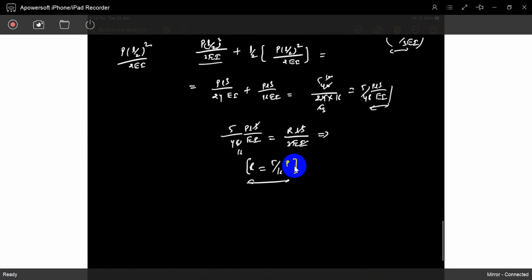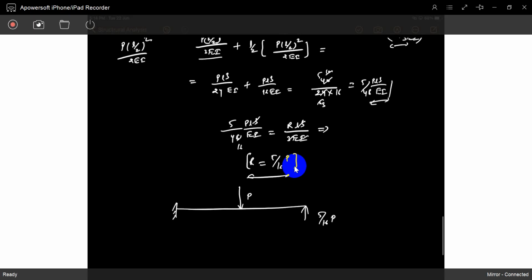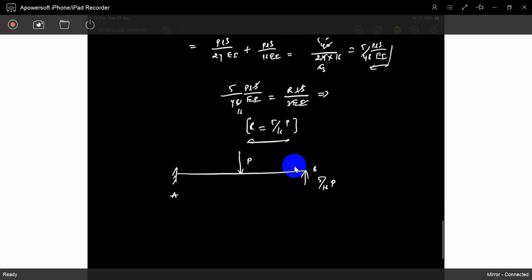Now you start the bending moment diagram and shear force. That is P, and this reaction is 5 by 16 P. This is A, this is B. What is the shear force diagram?